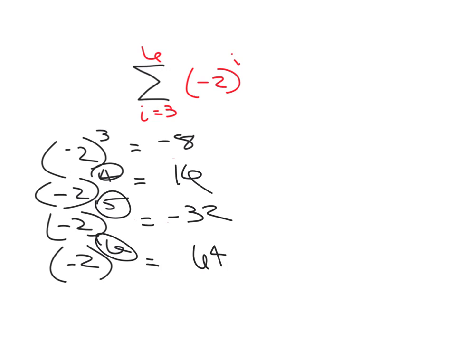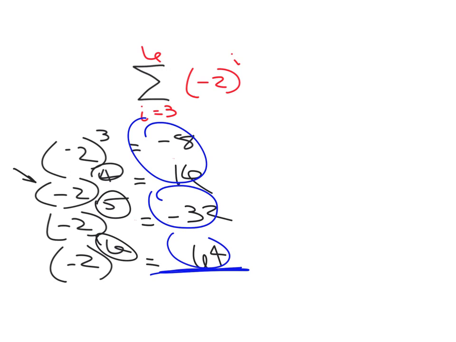You can do negative 2 times negative 2 is positive 4, times negative 2 is negative 8. Negative 8 times negative 8 is positive 16. So you can do it that way, but it just keeps it from being so confusing. So negative 8 plus 16 is 8, plus negative 32 is negative 40, plus 64, you're going to end up being at 40 if you add all those together.